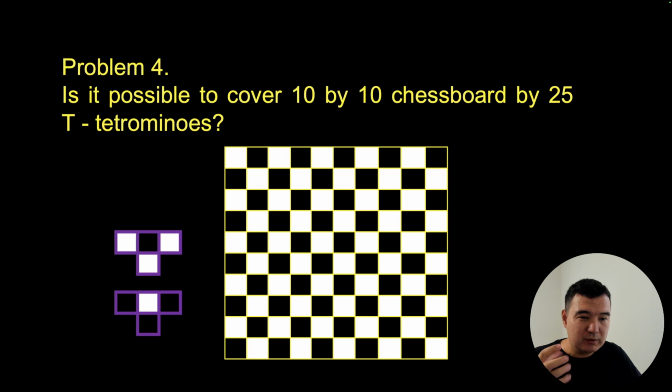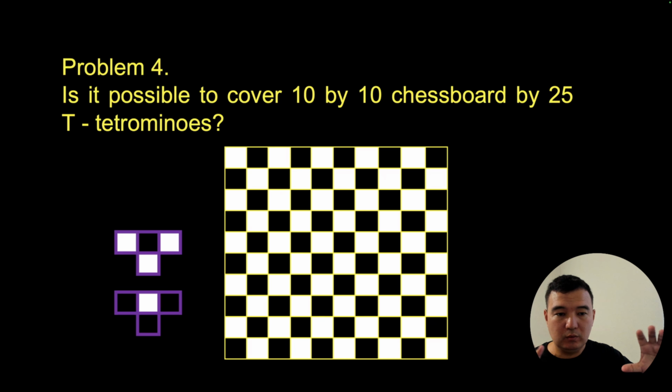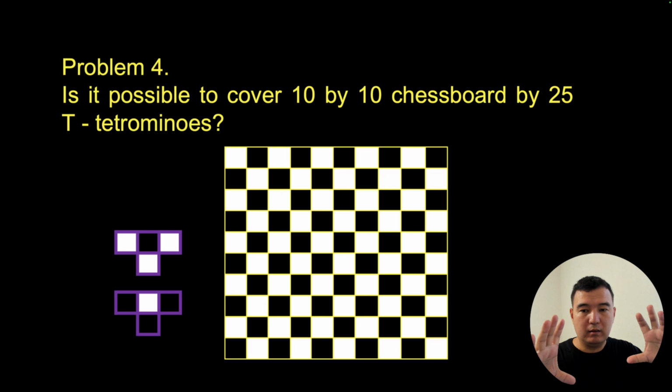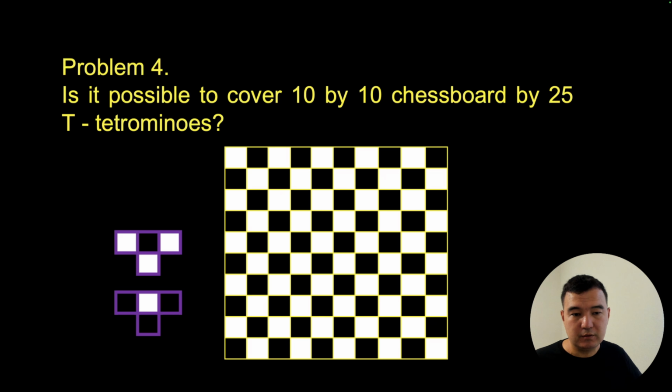So now you can do some kind of simple math. Since we have 10 by 10 board and black and white, we have 50 black cells, 50 white cells, but we can count it in a different way using these Tetrominoes. Imagine that we were able to cover it by 25 Tetrominoes. The number of white cells would be each of the first type.